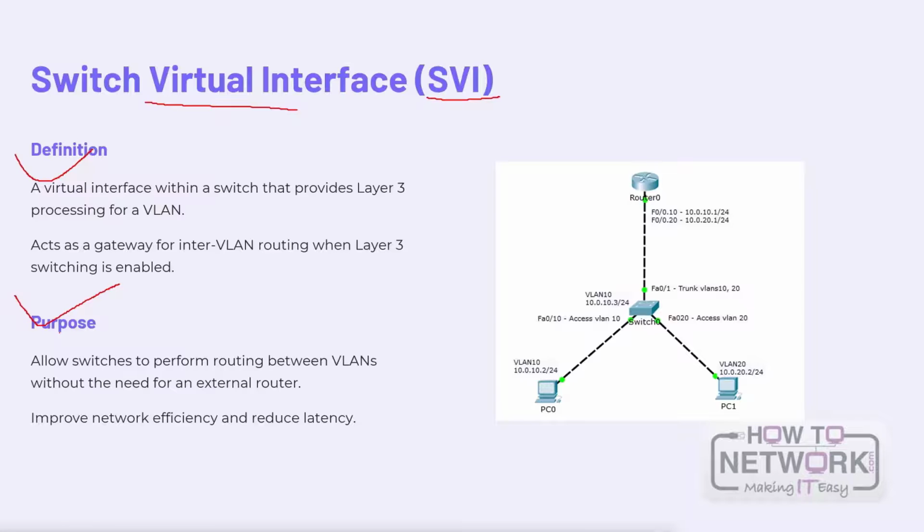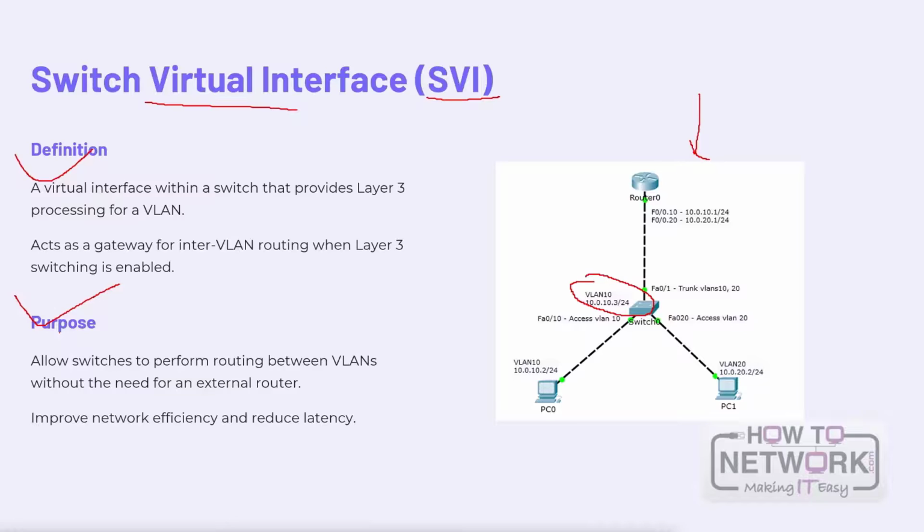So to configure an SVI, just create a VLAN interface using the interface vlan and VLAN ID command. Then you can assign an IP address to enable layer 3 functionality. So in this illustration, this is what you call the VLAN interface, or the SVI, the switch virtual interface.